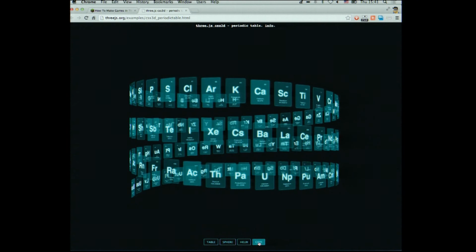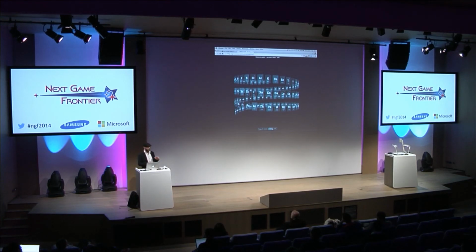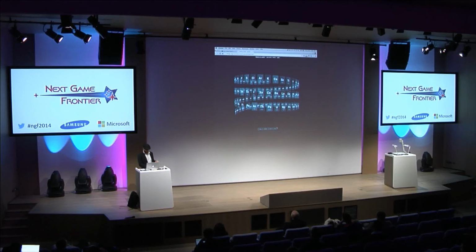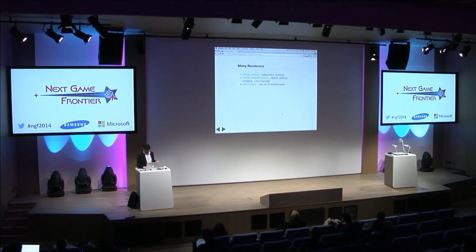And what you see here, there is absolutely no WebGL. This is a normal web page. Each of these small squares is a usual div or an image tag, nothing to do with canvas or WebGL.